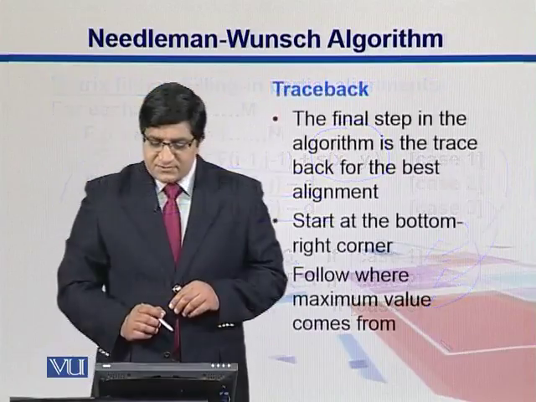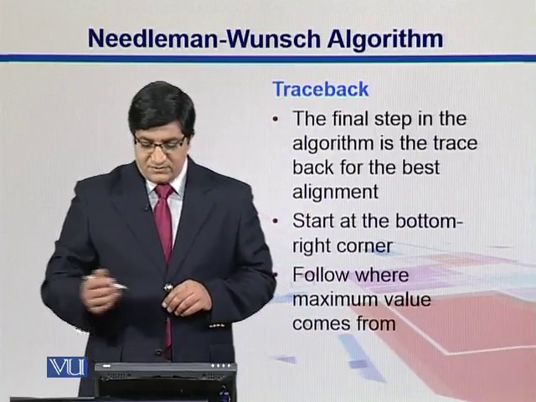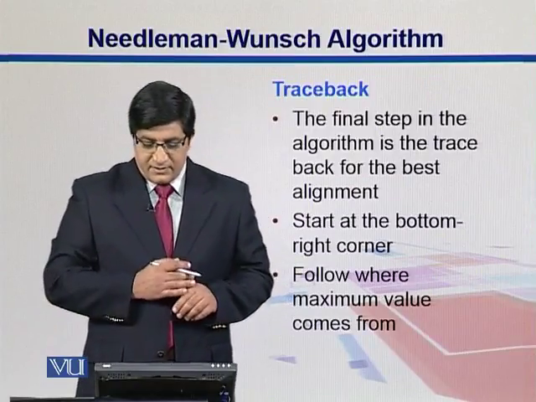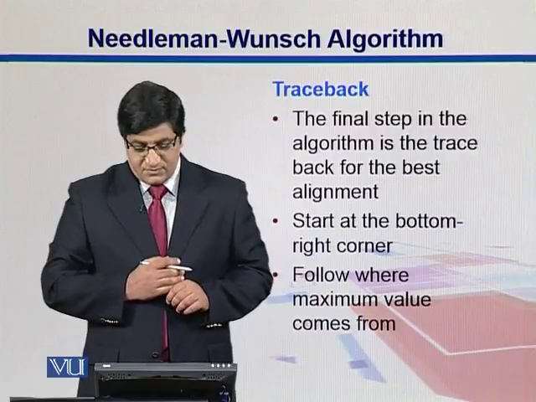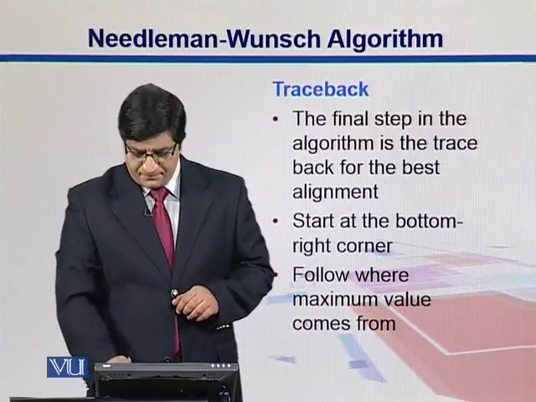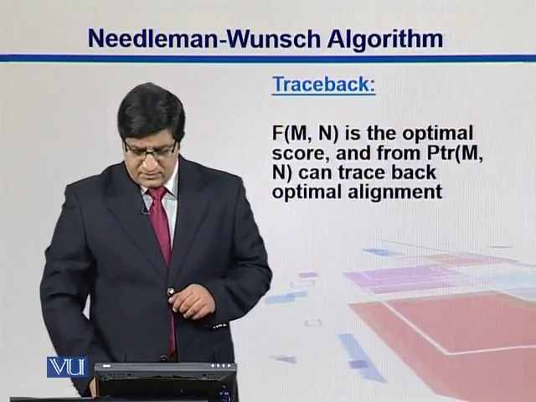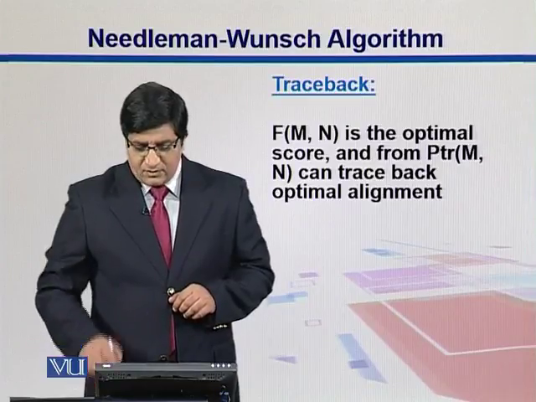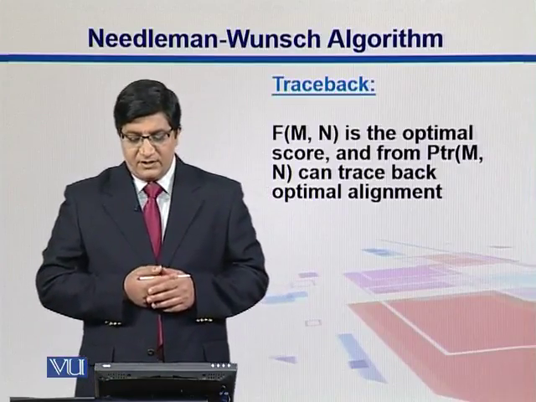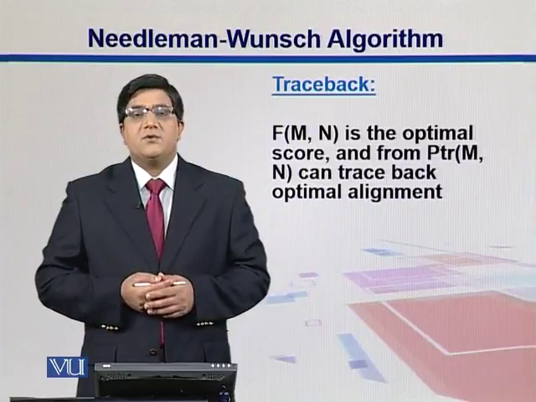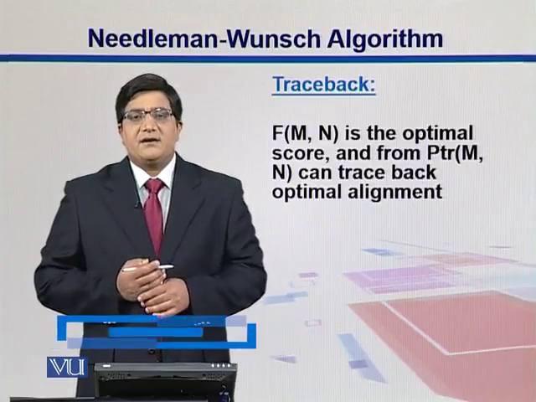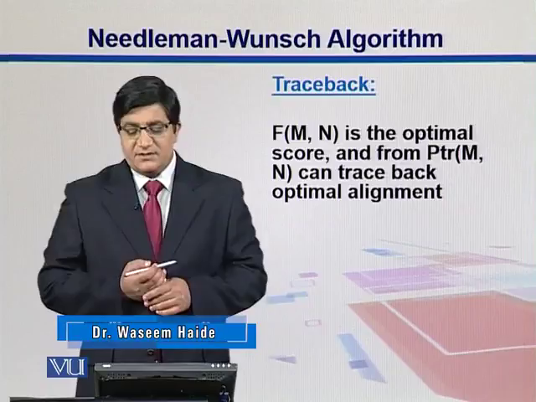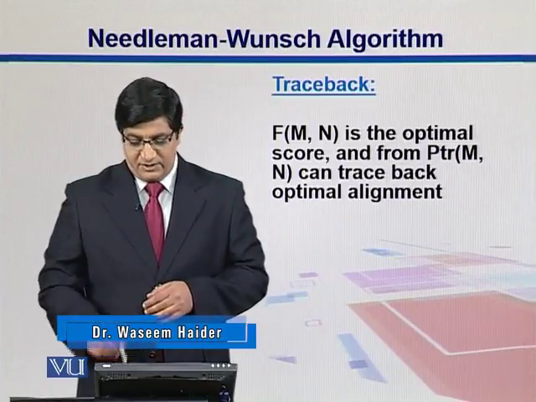The final step is traceback. We start at the bottom right corner and follow where the maximum score comes from. F(M,N) is the optimal score, and the pointer, which keeps track of your scores, moves backwards and gives you the optimal alignment.